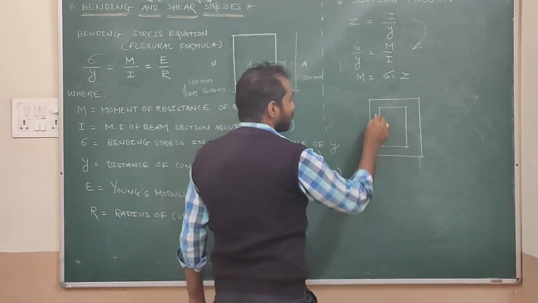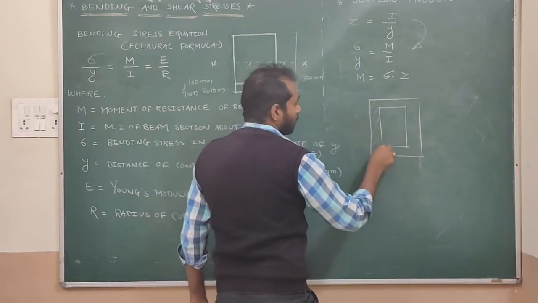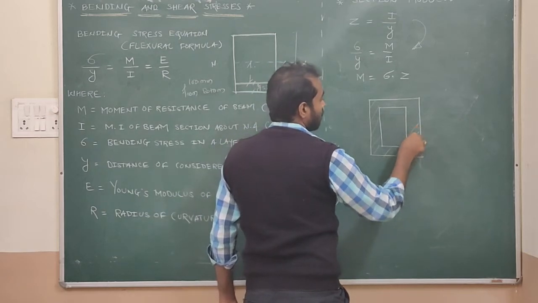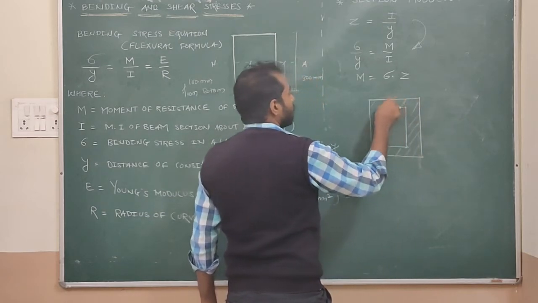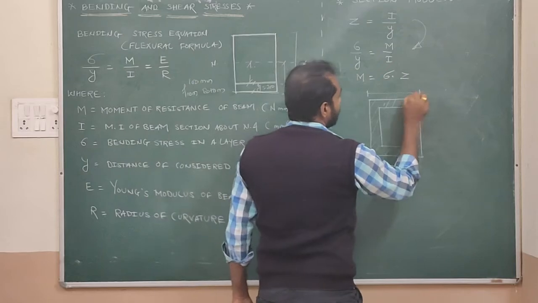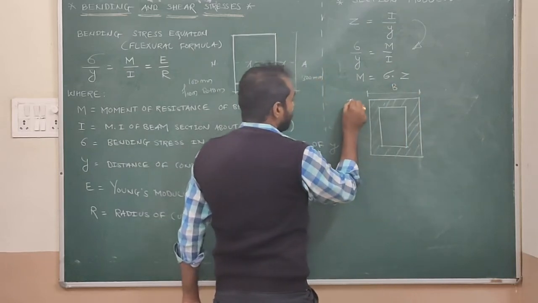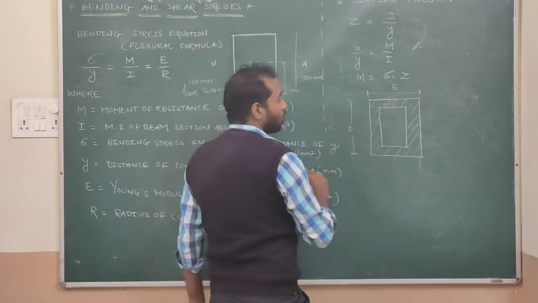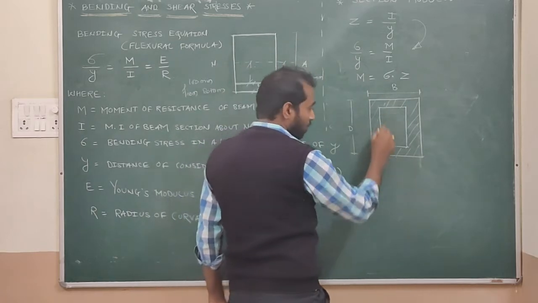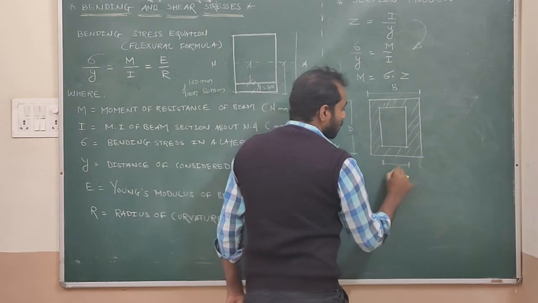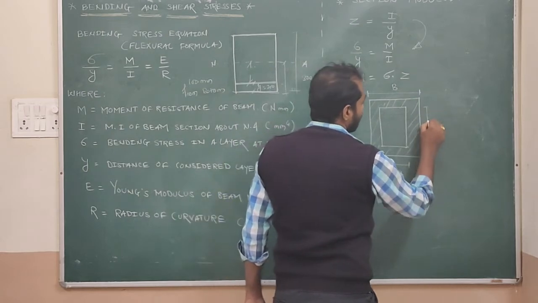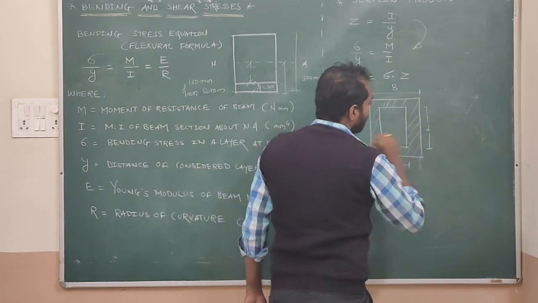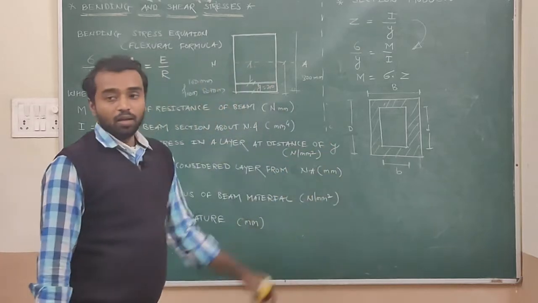In this case, capital B and capital D are the width and depth of the outer periphery, and for the inner rectangular section, small b and small d are the width and depth.